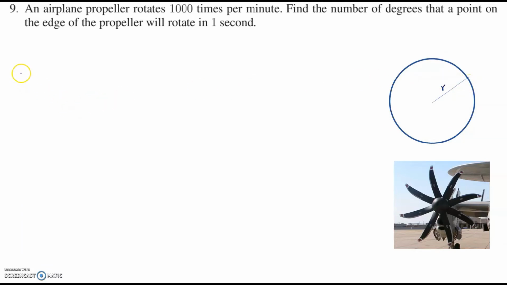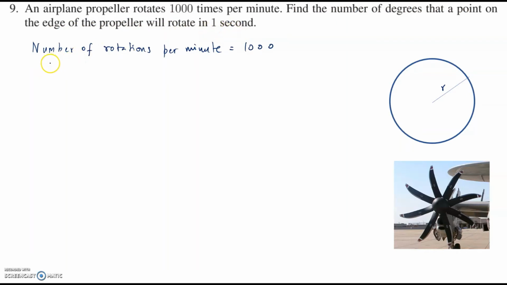So let's say the number of rotations per minute is equal to 1000. Now we need to find the number of degrees that a point on the edge of the propeller will rotate in 1 second.